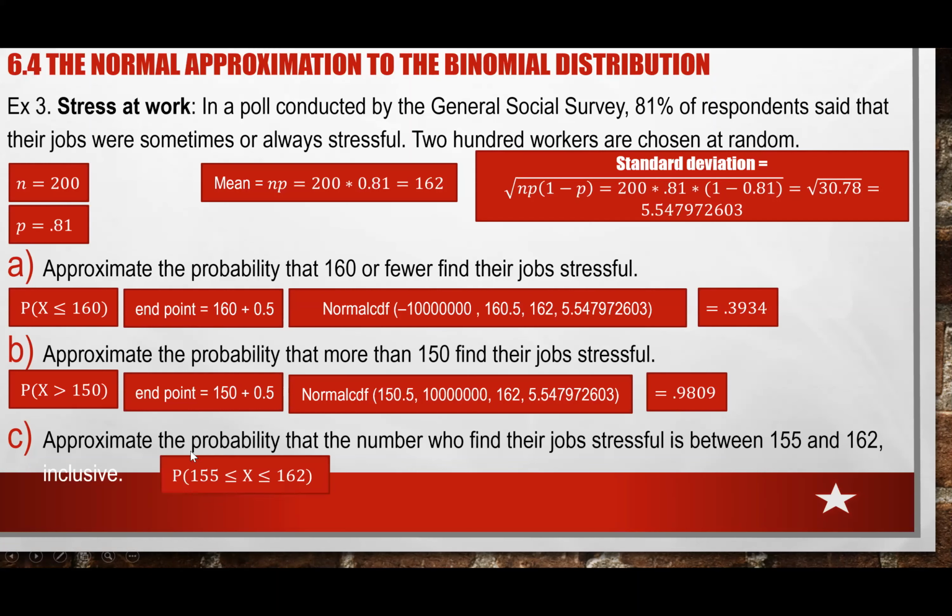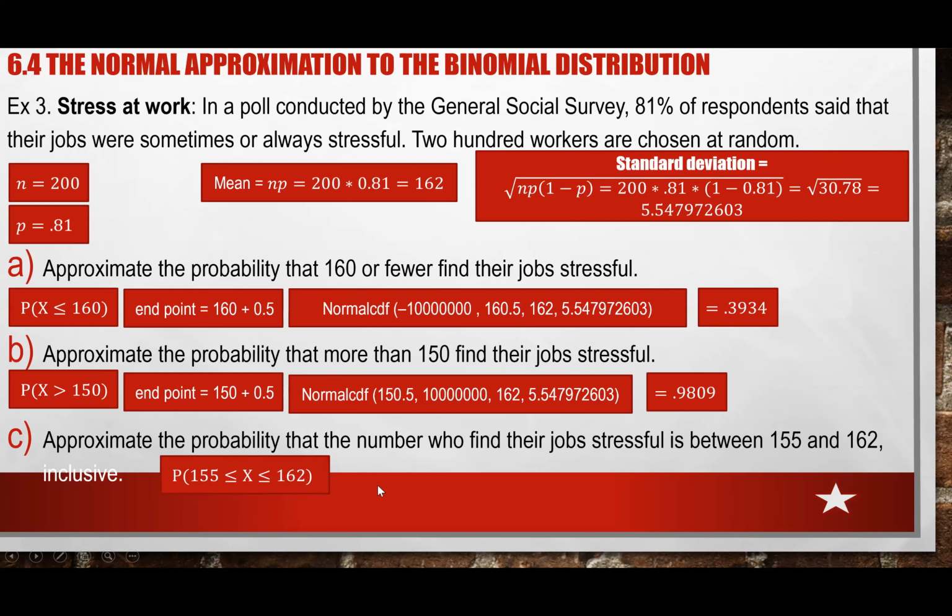But what is the difference between problem C in number 3 versus problem C in number 2? In this one, we say that it's inclusive. What does inclusive mean? It means we include the endpoints. We have to include the 155, and we have to include the 162.